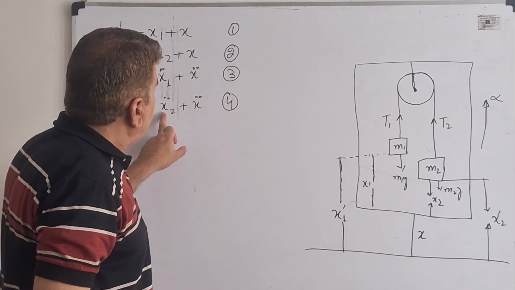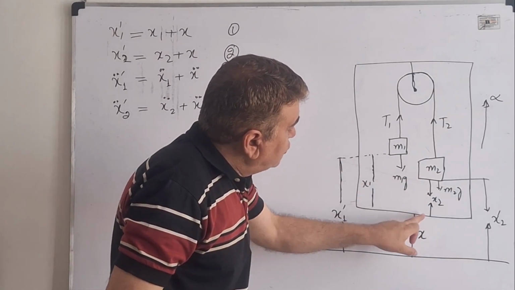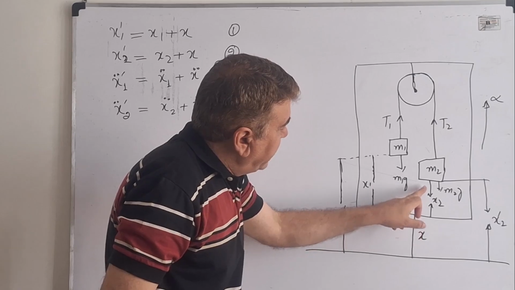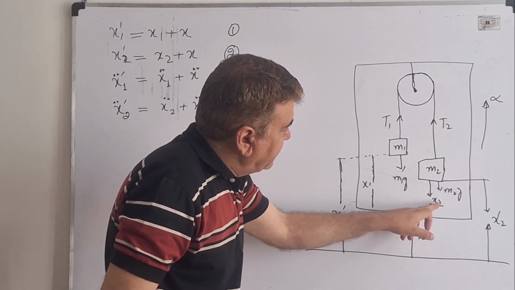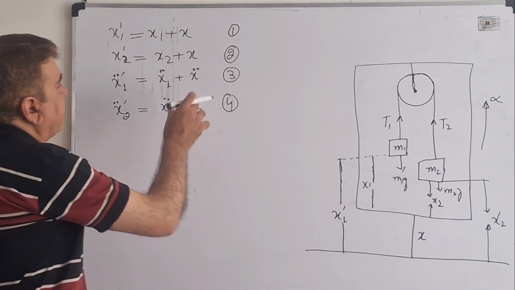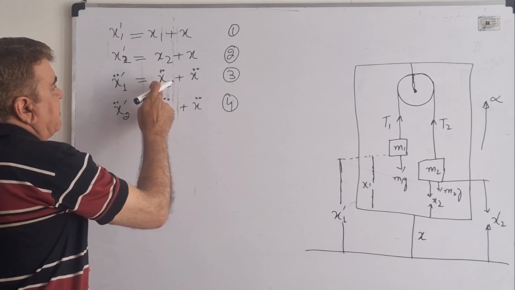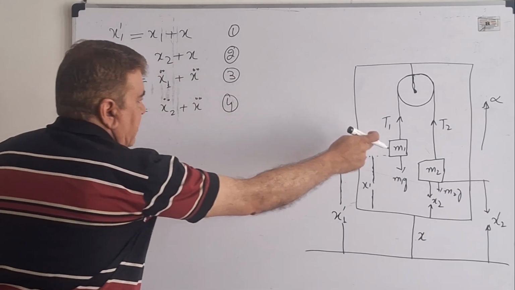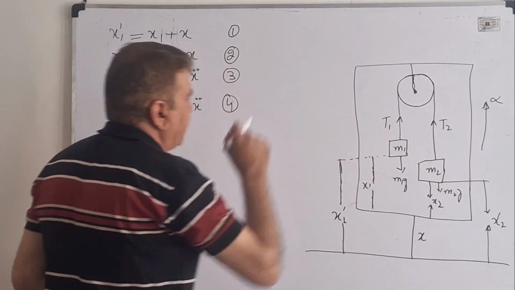And similarly, x2 double dot is the acceleration of m2 with respect to the bottom, which is the double derivative of this distance, x2. So we can recognize x double dot is alpha, x1 double dot is the acceleration of mass m1, and x2 double dot is the acceleration of mass m2.